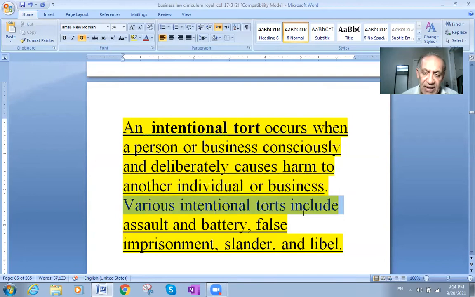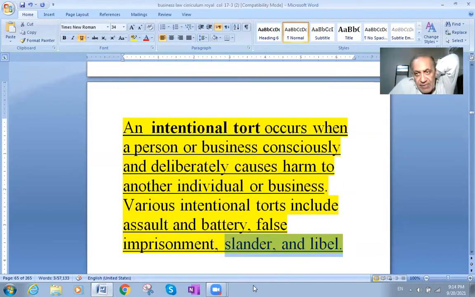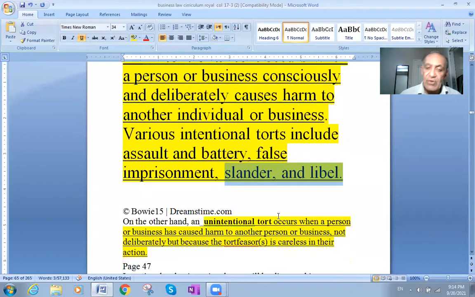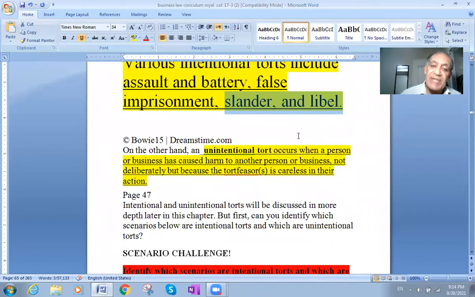Various intentional torts include assault and battery, false imprisonment, slander and libel. That is, defaming someone, trying to damage his reputation. He has a good reputation, but you are saying bad words about him. All this is a kind of intentional tort.